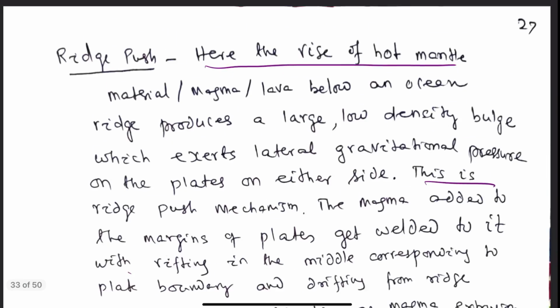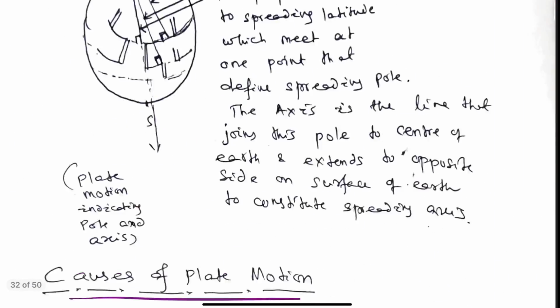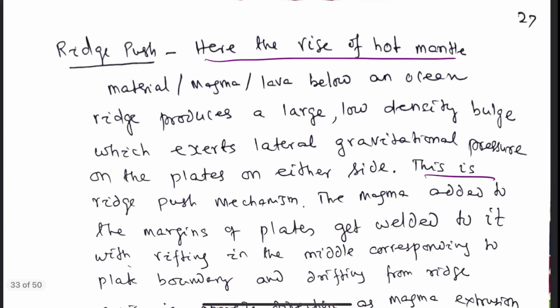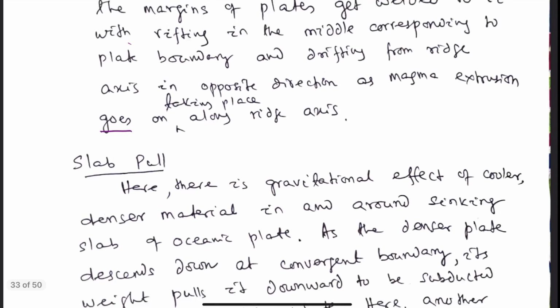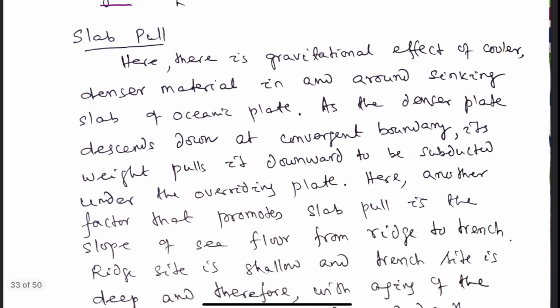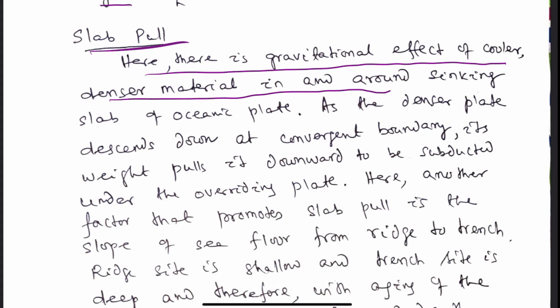Besides that, we have the ridge pull mechanism, or this slab pull mechanism. Here, the gravitational effect of the cooler denser material in and around the sinking slab of the oceanic plate.